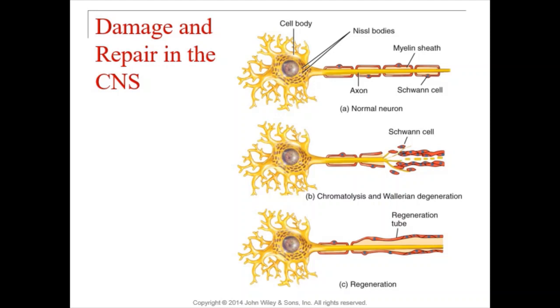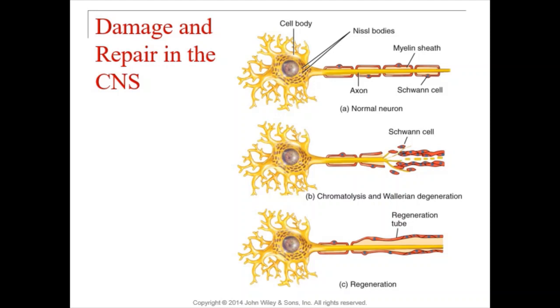First step is Wallerian degeneration and chromatolysis. What's going on here? It's going to seem sort of counterintuitive, but this is what happens in your body. We have cut through an axon. How do we fix it? Well, when you cut through the axon, the first thing that happens is the distal segment of the axon will get broken down.